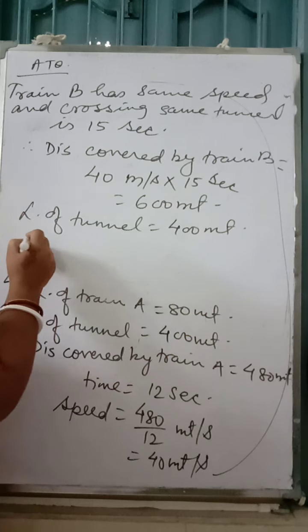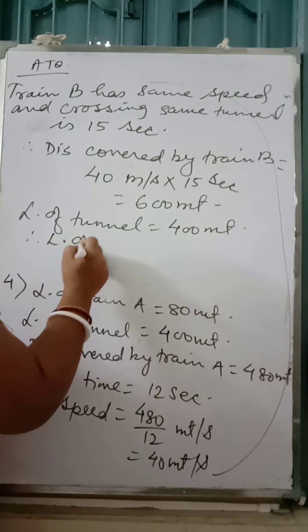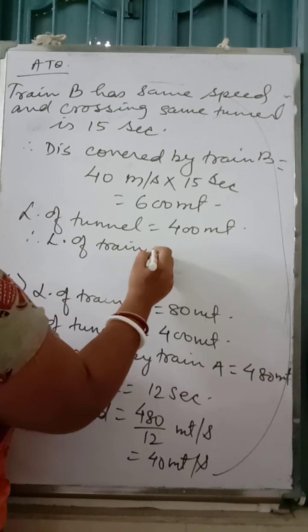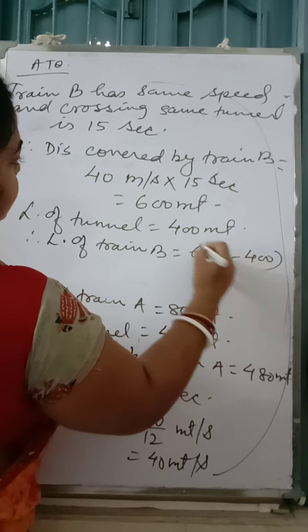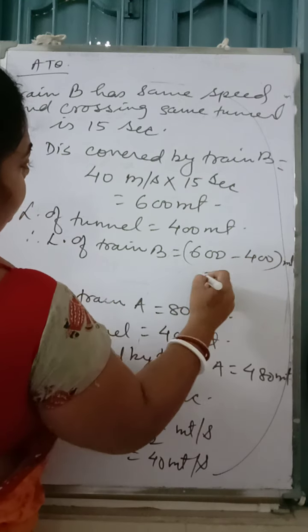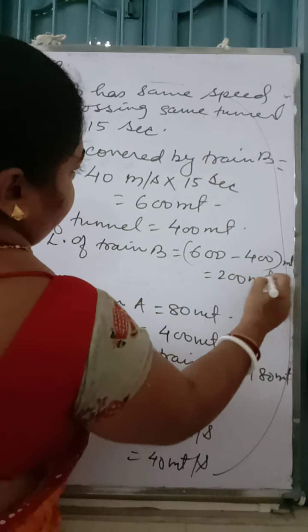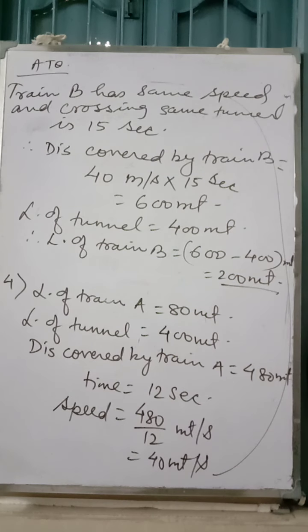So what will be the length of train B? It is equal to 600 minus 400 meters, 200 meters long train. Because the second train is also covering the same tunnel. Length of tunnel was 400 meter, but it is covering 600 meter distance, so 200 meter is the length of train.